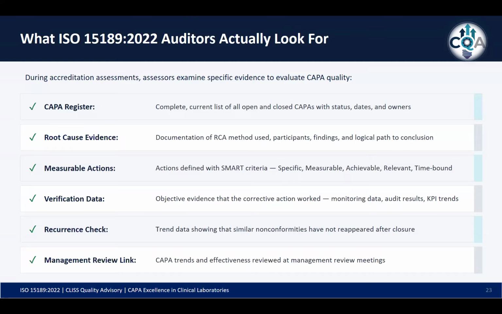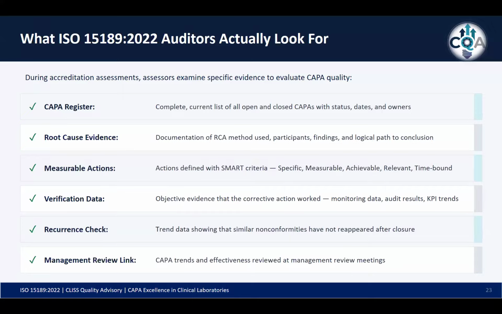You have monitoring data, audit results, or KPI trends that you are able to use to demonstrate that indeed this corrective action worked. You also need to have recurrence checks.